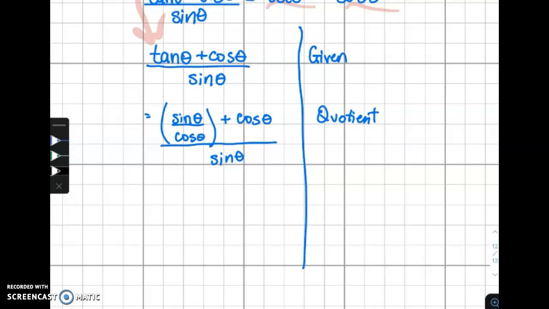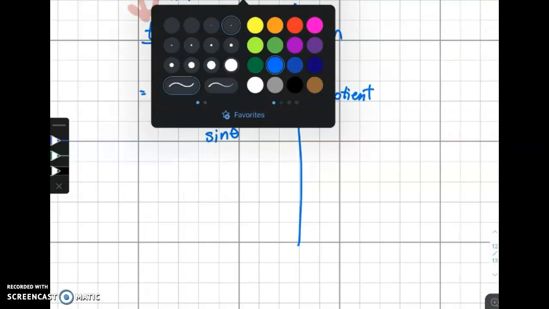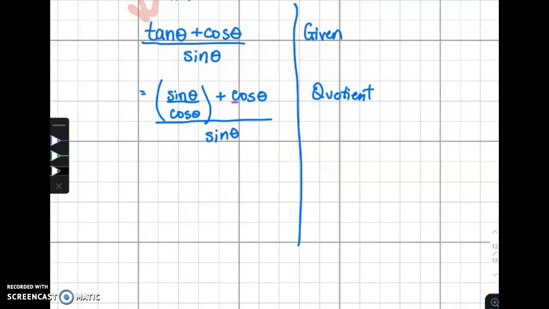So on top, right now there's an invisible 1 on the bottom of that cosine. And the fraction that I'm trying to add with it has a cosine. So I'm going to put a cosine on top and on bottom, which is going to change the problem. So I've got sine of theta over cosine, plus, if I multiply those, I'm going to have cosine squared over cosine.